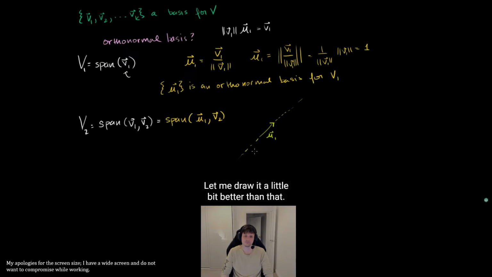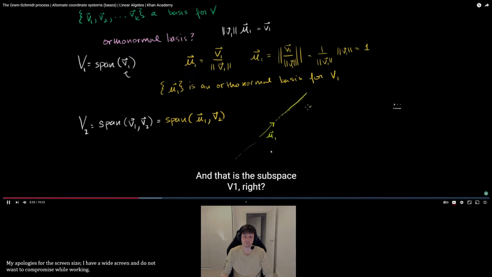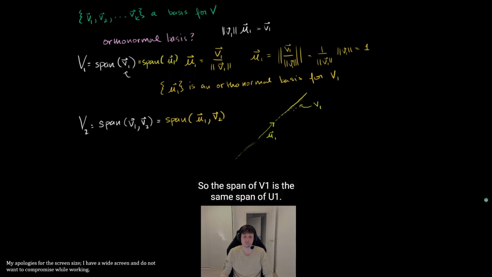Let me draw it a little bit better than that. I don't want to make it too dark. That is the u1. So this is v1 right there to get to u1. So the span of v1 is the same as span of u1. That is this subspace, this line in Rn. Now we have vector v2, which is linearly independent from v1 and u1. So v2 would look something like that.